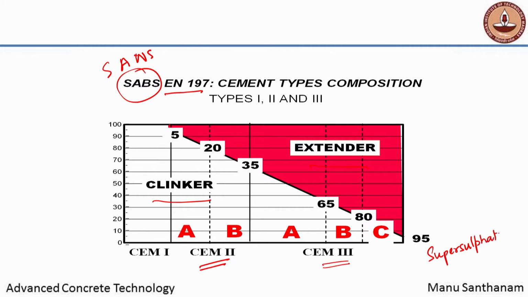That is a special cement which is not produced anymore, but it used to be based on essentially 80% slag, 5% clinker and 10 to 15%. What do we need for super sulfated? Obviously, we need gypsum, right. So, that was super sulfated cement, but essentially it was a slag cement which had very high contents of slag, so 80 to 85%. So, types 1, 2 and 3 can be looked at based on these extender compositions.